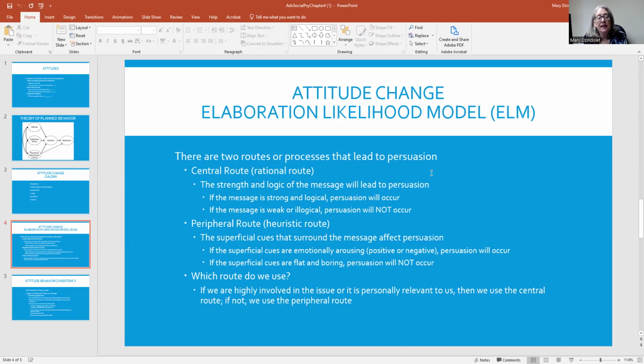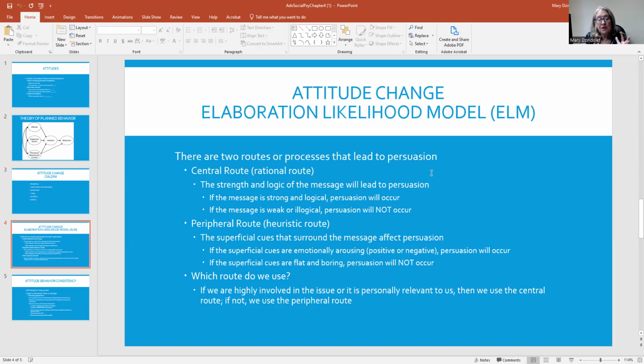And so they believe for topics that are important to us, for topics that are personally relevant to us, we're going to use our central route. But for all the other topics, we're just going to use a peripheral route that takes a lot less of our cognitive energy. Okay, so for a topic that's really important to us or personally relevant to us, we're going to go through the cognitive work of using our central route.